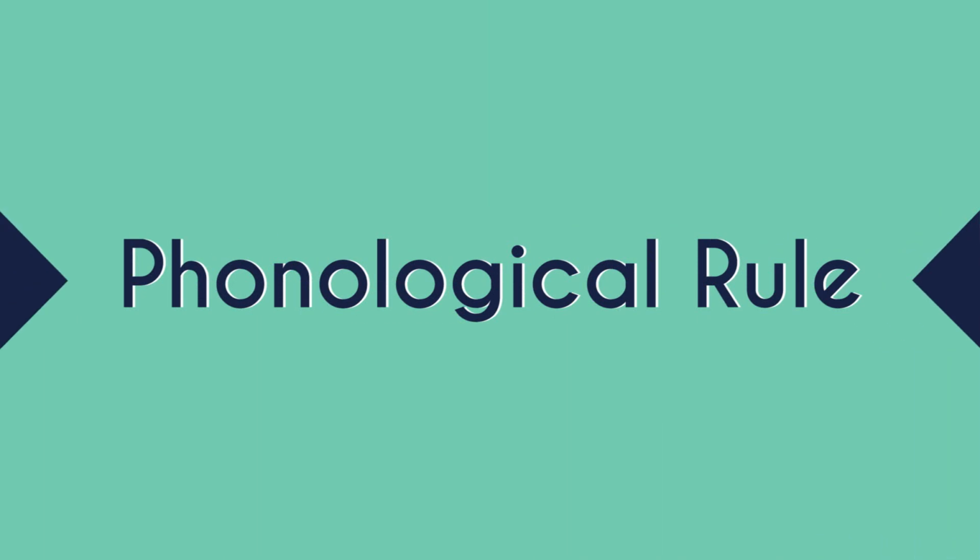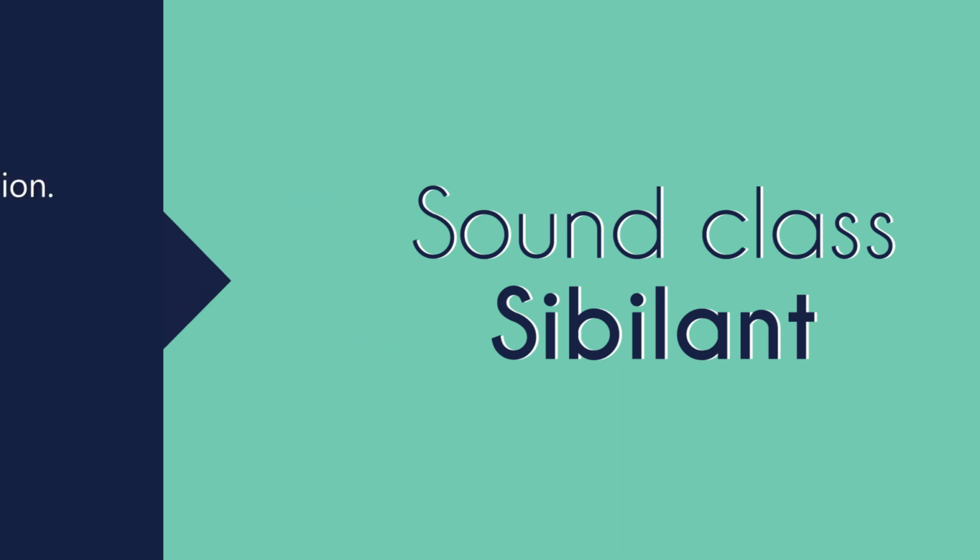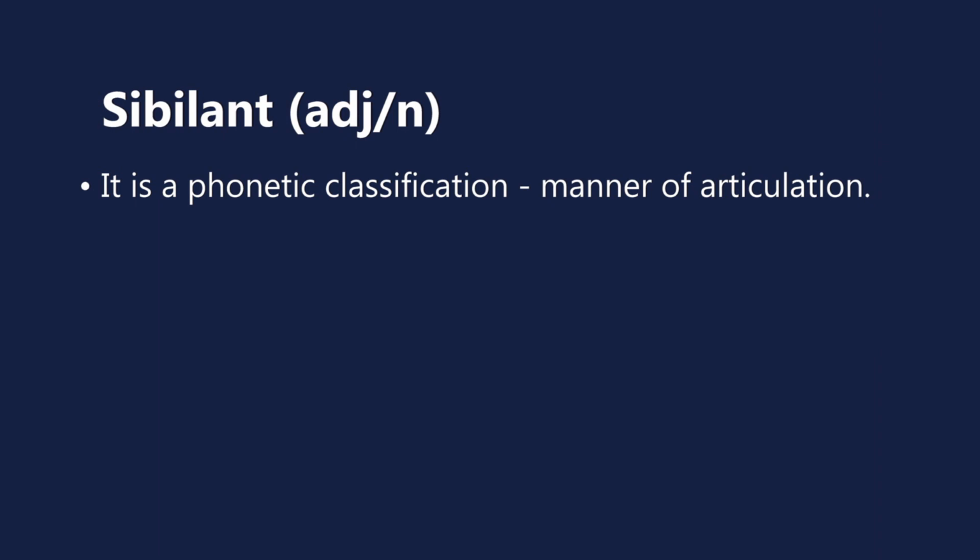Now we are going to write a phonological rule that would explain the situation. In order to write a phonological rule for the English plural, you need to know English happens to be a language that has a class of sounds called sibilants. What is a sibilant? It is a term to refer to a phonetic classification of sounds on the basis of manner of articulation.